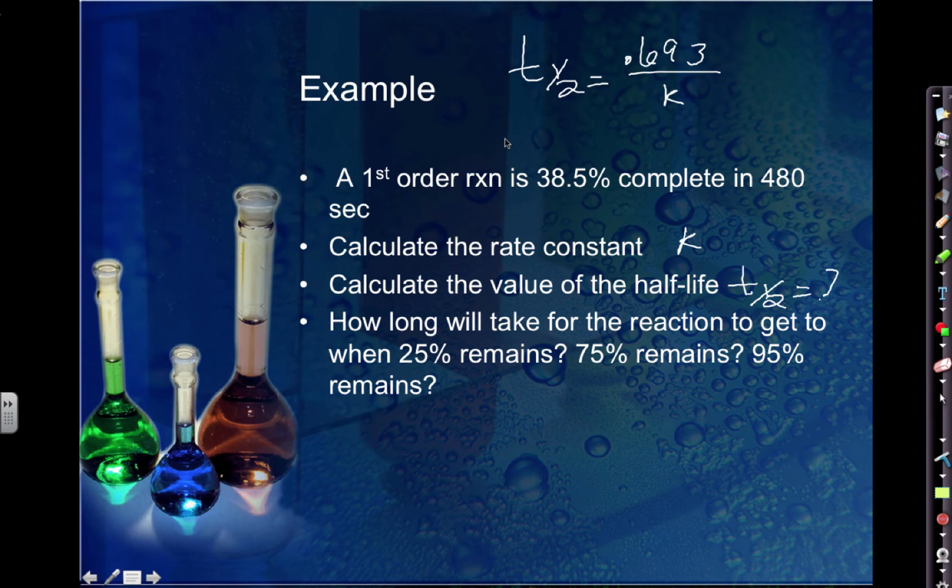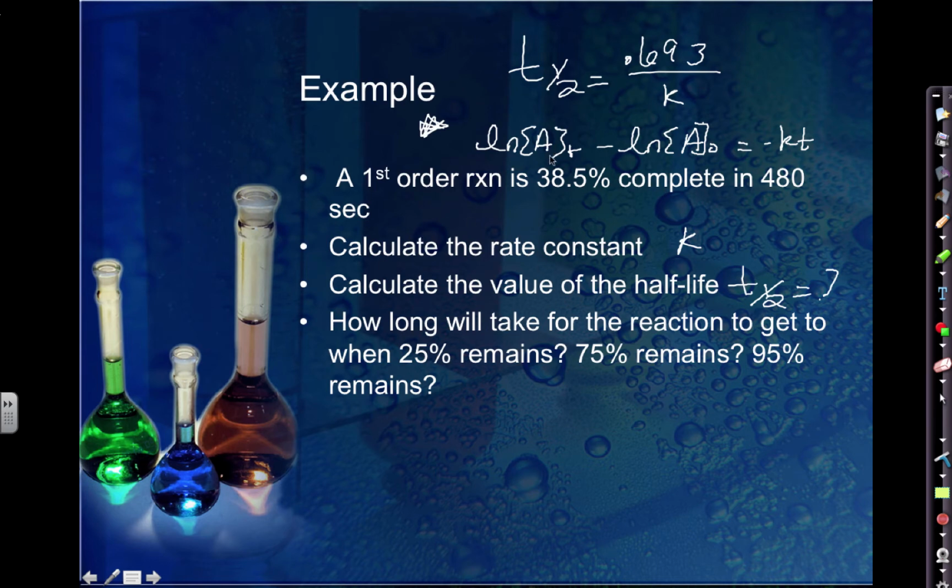But I do have another equation that involves first-order reactions. It's the ln, the natural log of the concentration at whatever time, minus the natural log of the initial concentration, is equal to negative K multiplied by t. This is another equation that's given to you on the reference sheet. So we're going to have to use both of these equations to solve the entire problem.